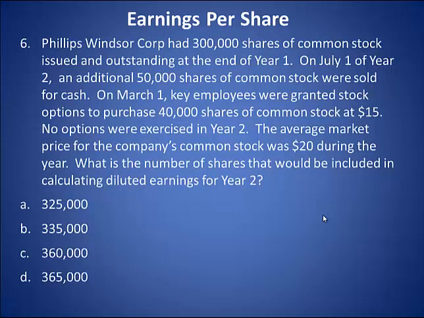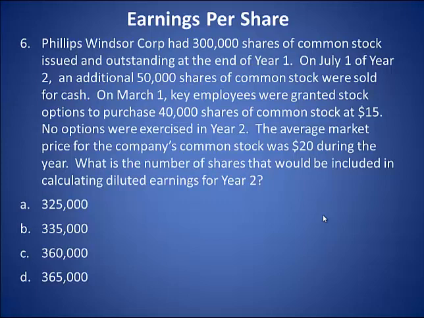Okay, let's now take a look at question number 6. Phillips Windsor Corp. had 300,000 shares of common stock issued and outstanding at the end of year 1. On July 1st of year 2, an additional 50,000 shares of common stock were sold. On March 1st, key employees were granted stock options to purchase 40,000 shares of common stock at $15 per share.